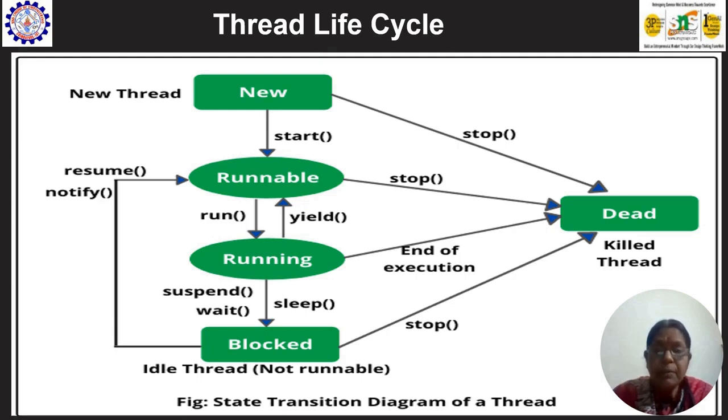In order to go with these stages of thread execution, we have defined the thread life cycle, otherwise called the state transition diagram. Here, the first stage is New, where a new thread is created.